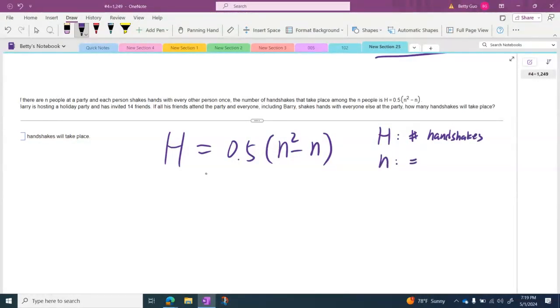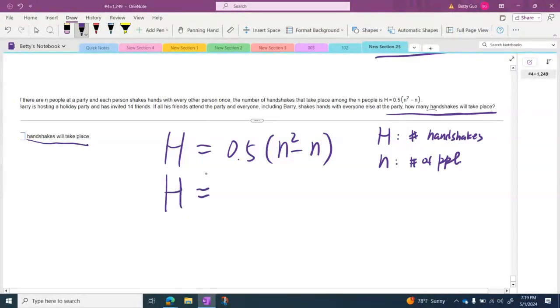N is the total number of people in the party. We need to find how many handshakes will take place? So we are looking for H.